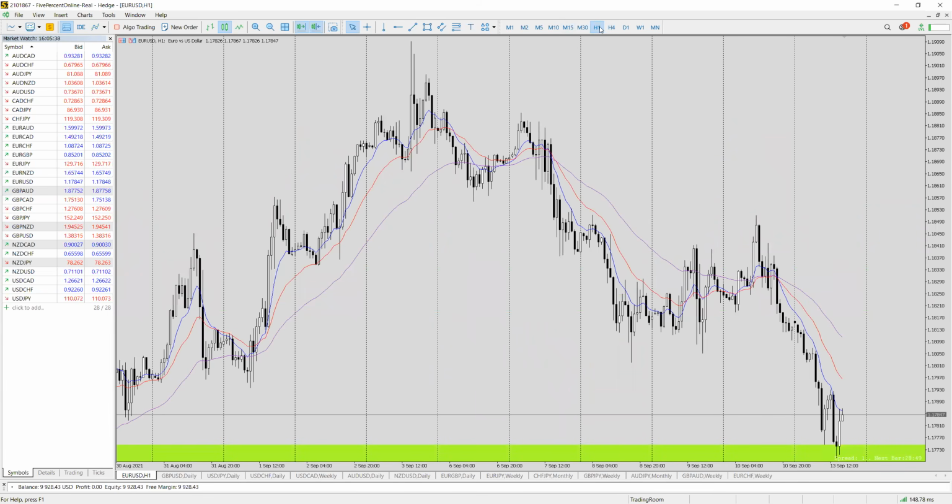And for those who are looking for trades in euro dollar for the short term, obviously at the moment it's still bearish. Just be aware of this zone in case it starts forming or reversing and heading up again, because there is some sort of a reversal pattern here.